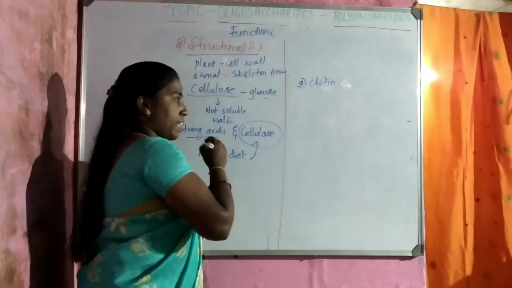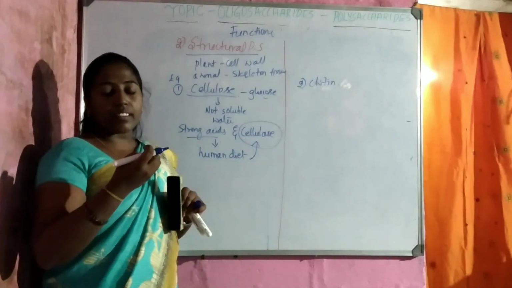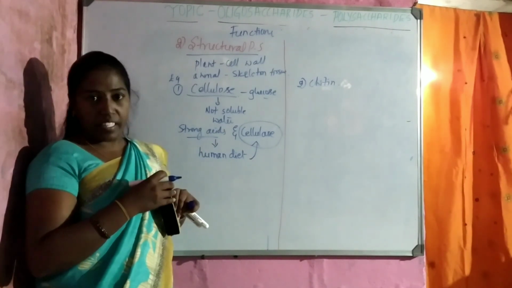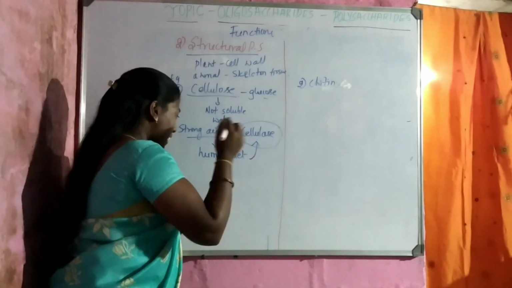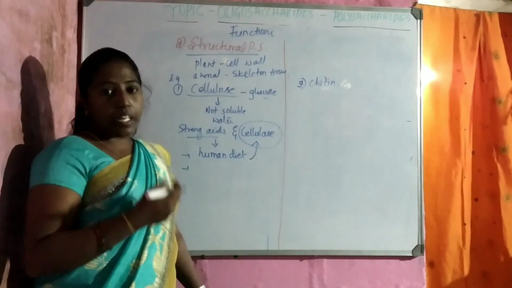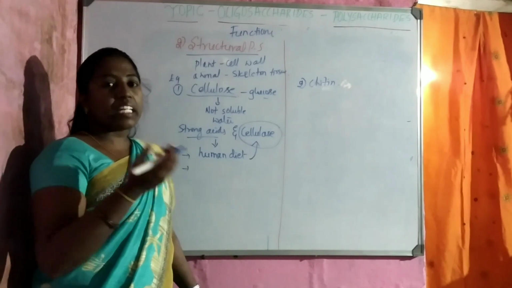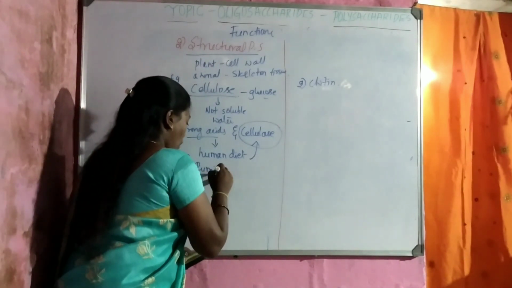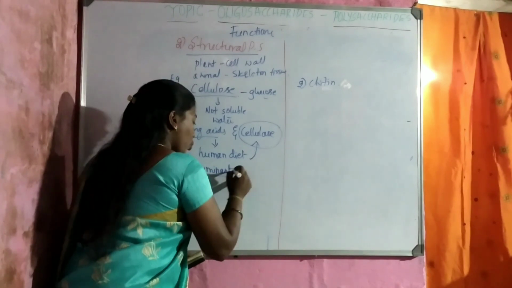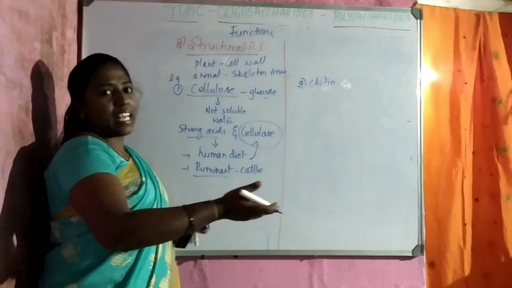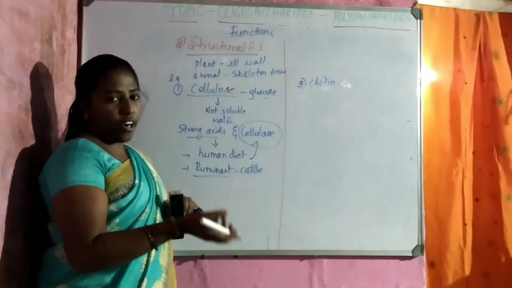Roughage means it helps in softening the stools and even helps in the growth of some of the good bacteria. The next, it even forms a diet of some other animals like the ruminant cattle, which consume grass and other plant products.